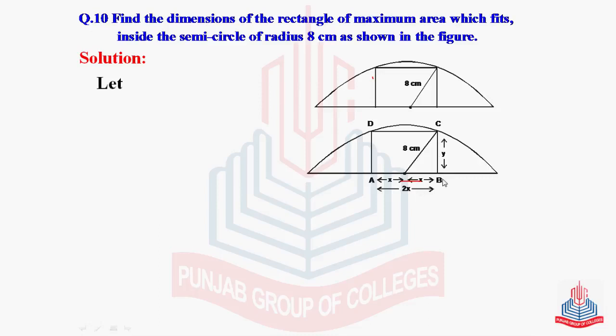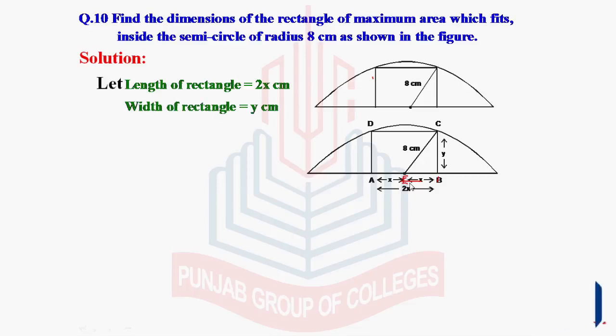So A, B, C, D is actually our required rectangle, and this one is suppose E. Let length of the rectangle be 2x, width of the rectangle be y centimeter, from right angle triangle EBC. So EBC is the right angle triangle.